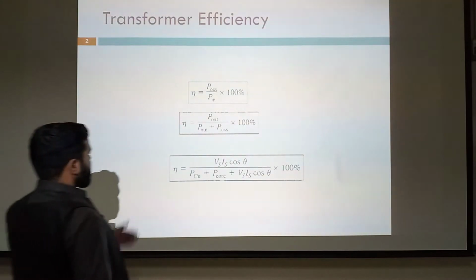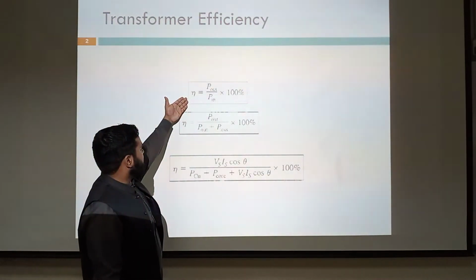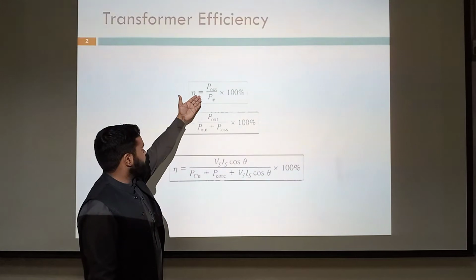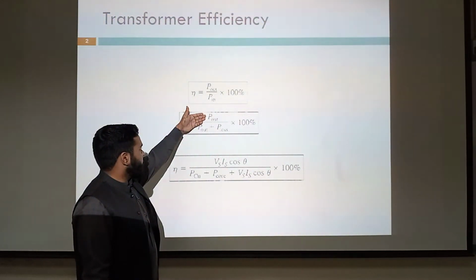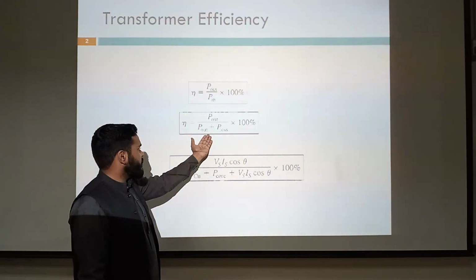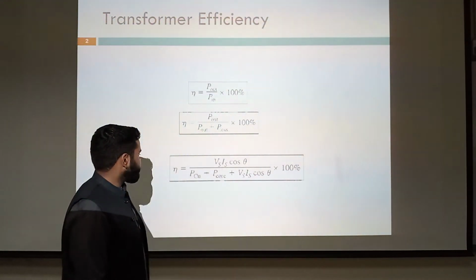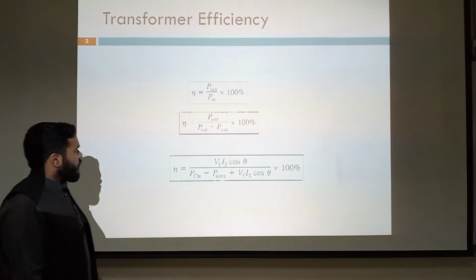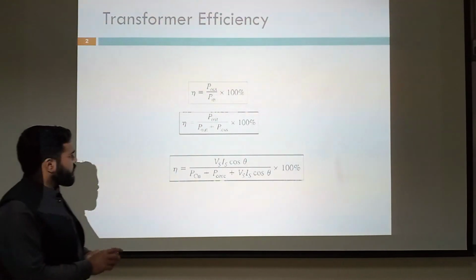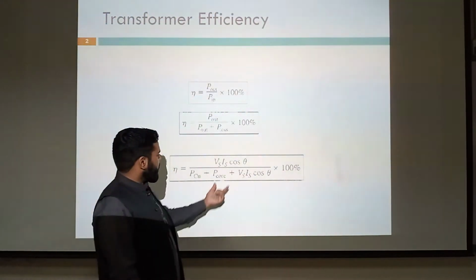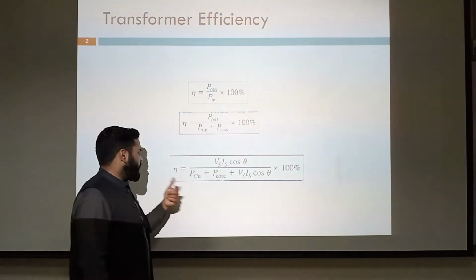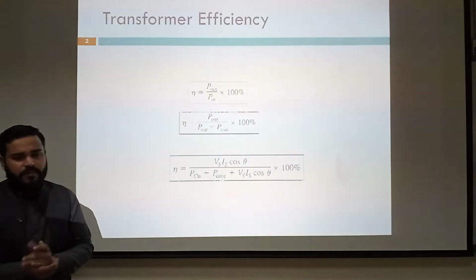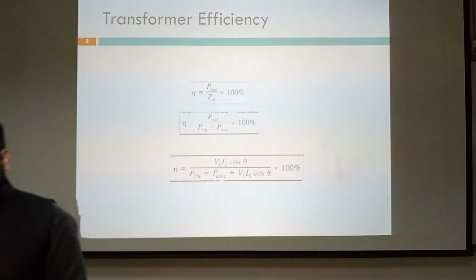The efficiency of any system is equal to output power divided by input power, and input power is equal to output power plus losses. So what is input power and what is output power? We know that output power is V I cos theta, and there are two types of losses. One is the copper loss and the other is core loss.